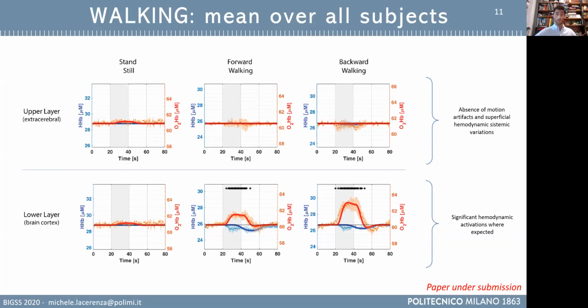And for what concerns the lower layer, as expected, we don't have any activation in the standstill task, and we have clear activation in forward and backward walking. It is interesting to notice that the hemodynamic response function adaptation, so the adaptive hemodynamic response functions, is working well in case of oxyhemoglobin, while it has to be improved for the deoxyhemoglobin.